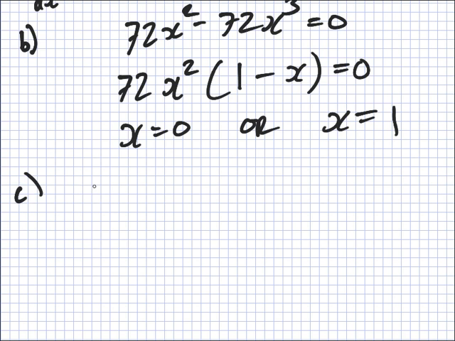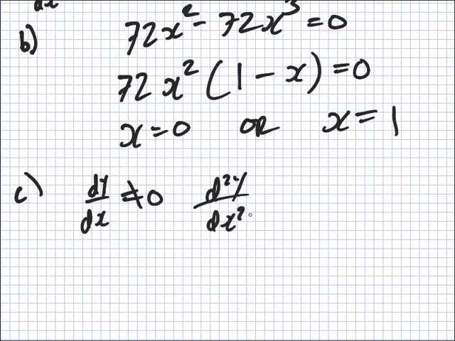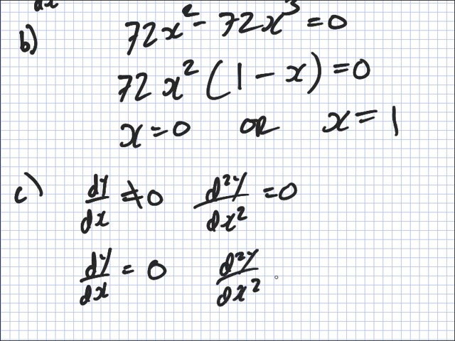This is what you would love to have: the first derivative not 0 and the second derivative 0. This makes the inflection point. By the way, what makes the stationary point? The turning point: dy/dx is 0 and you would like the second derivative to be not 0. Because remember I said if both of them are 0, then it becomes a little bit messy. But I give you a flow chart to help you out. So let's see what happens here for this one.